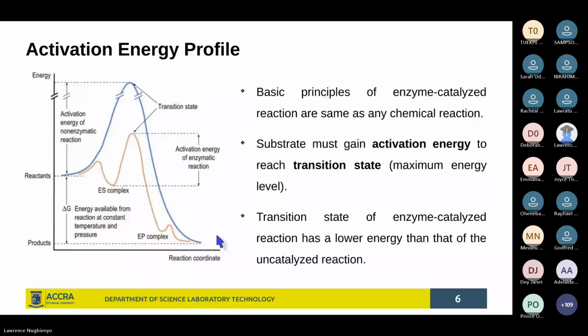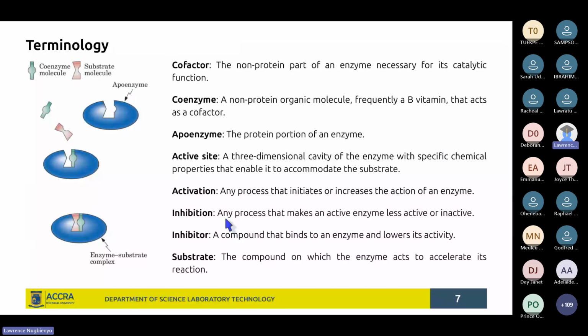Right. Now, before we continue and dive in more and more, we're going to be making use of some terminologies that we should quickly get acquainted with, so that when we start to talk about those things and mention those words, we will all be on the same page. The first is cofactor. Now, a cofactor is a non-protein.